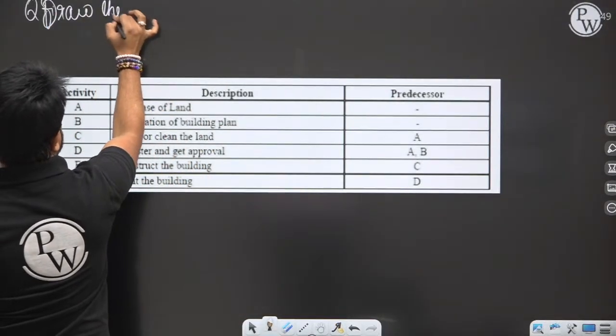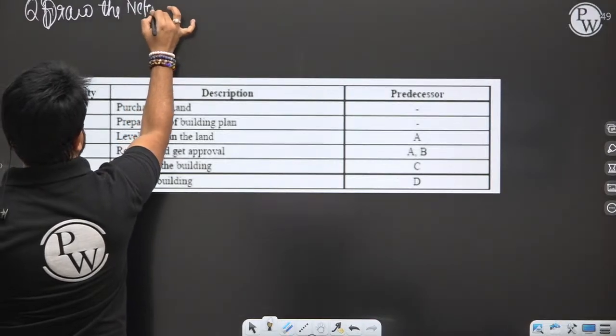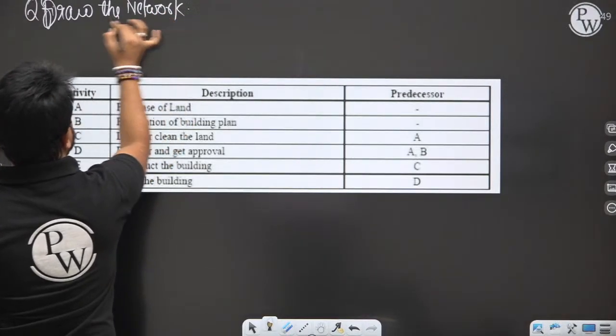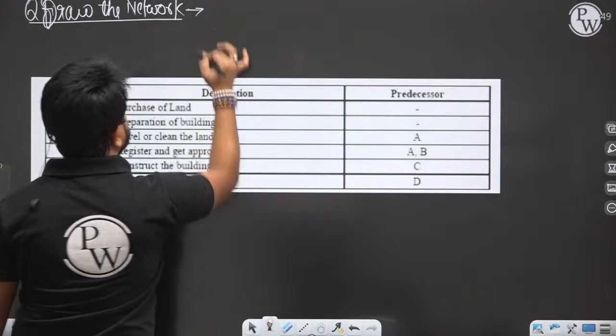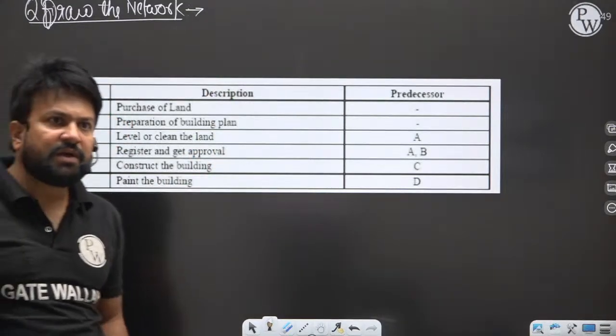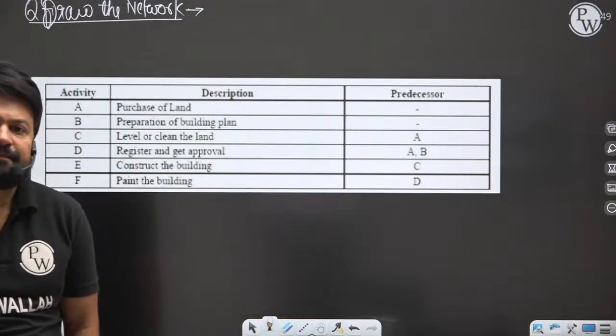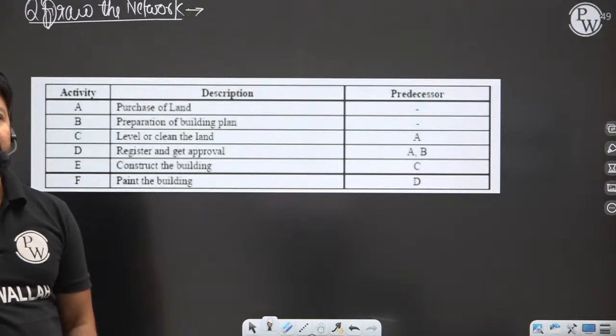Draw the network only. Just for your practice, draw the network.